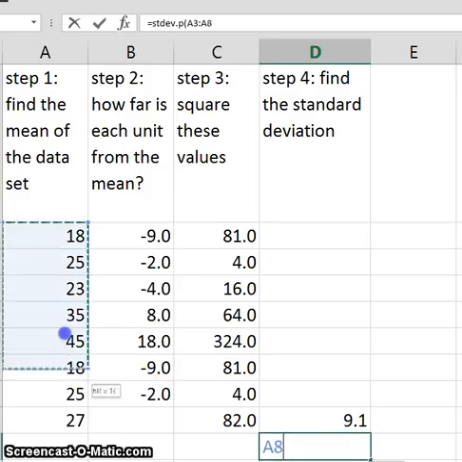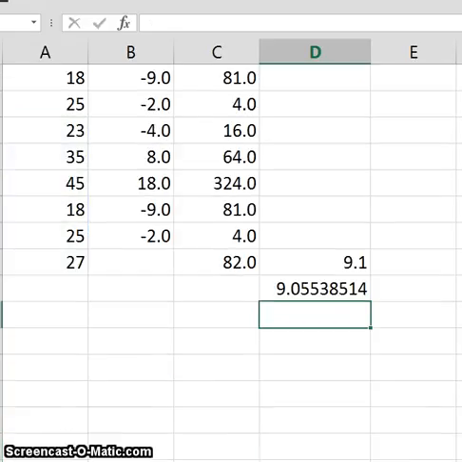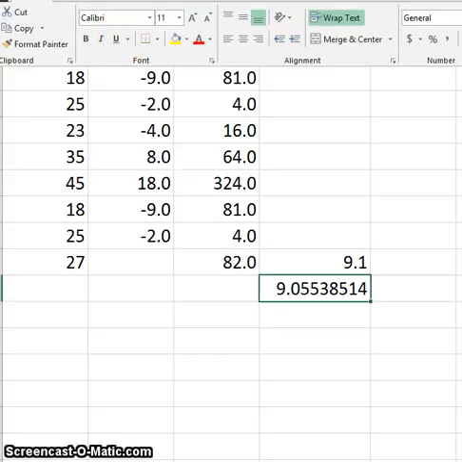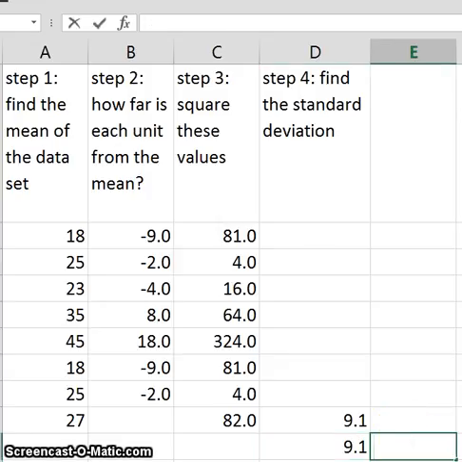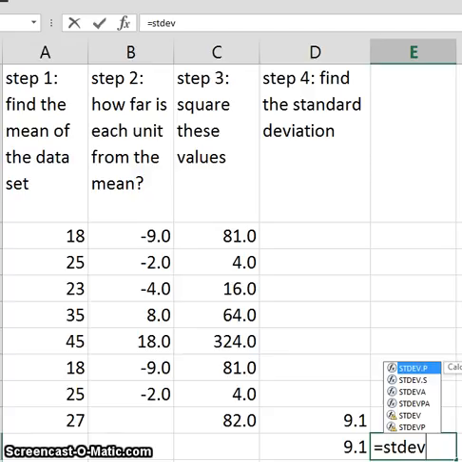So here we're assuming that the population, our data here, includes all of the students in our class. If we were just taking a sample of the students in our class, then we'd want to use a slightly different formula. When you just take a sample in standard deviation, the denominator is actually n-1 rather than n.